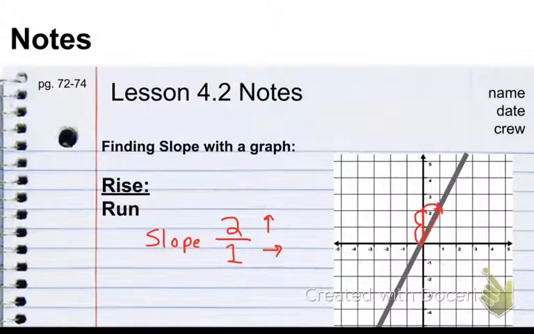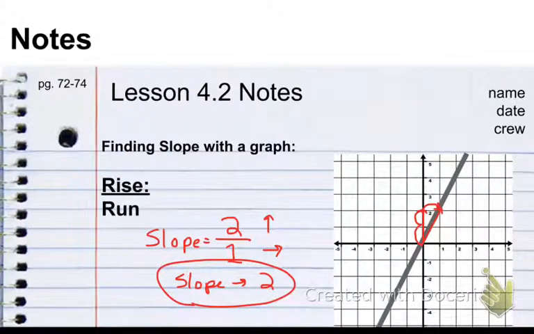So I have a rise of 2, a run of 1, so I have a slope of 2 over 1. If I treat this like an actual fraction, the slope becomes 2. And this is a positive 2 because I am going upward on the coordinate plane. My values are getting larger and larger, not smaller and smaller.